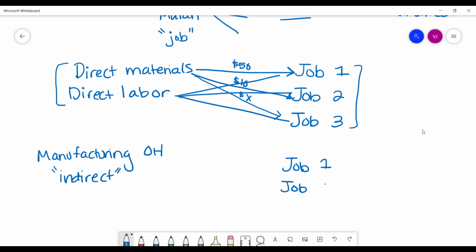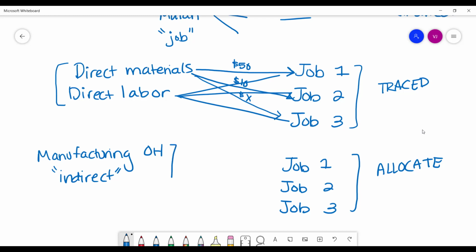So for that reason, we treat this a little bit differently. Direct materials and direct labor, these direct costs, are traced to the job or the cost object. But manufacturing overhead isn't traced, because by definition it's not something that's easily or practically traced. Instead, with manufacturing overhead, we allocate it to each job depending on how much of the activity base each of these jobs used, and that's something we'll get to in a little bit.